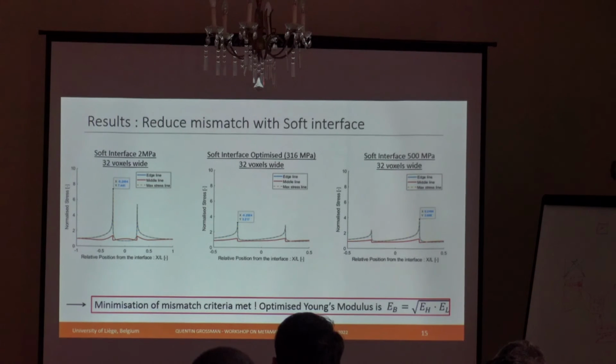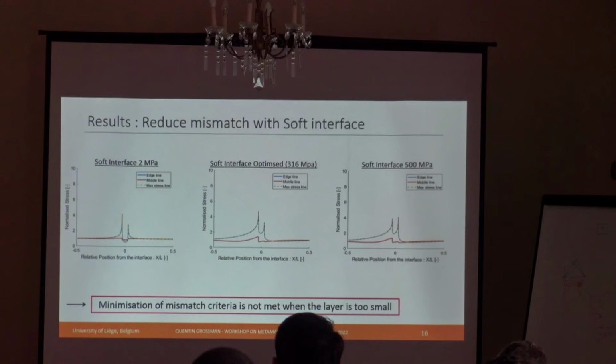But interestingly, when going back to the short perturbation, so going back from 32 voxels to 4 voxels, it is not valid anymore. So now this theoretical optimized value is not the optimized one anymore.